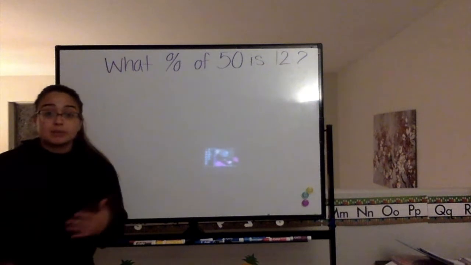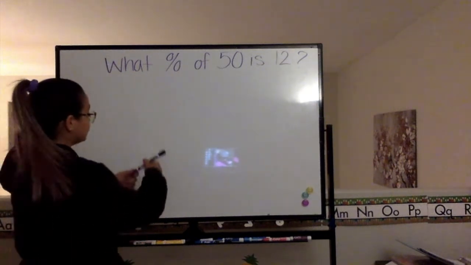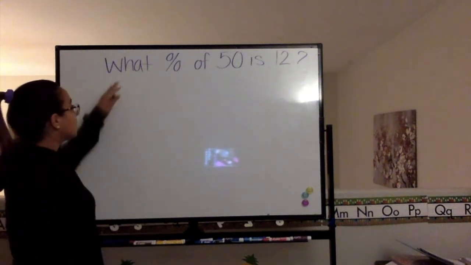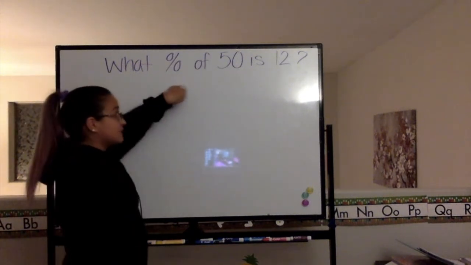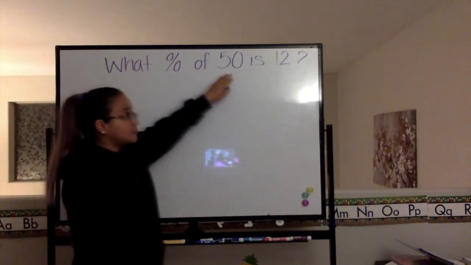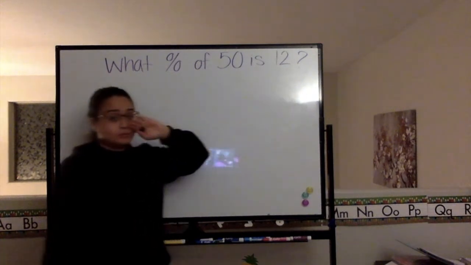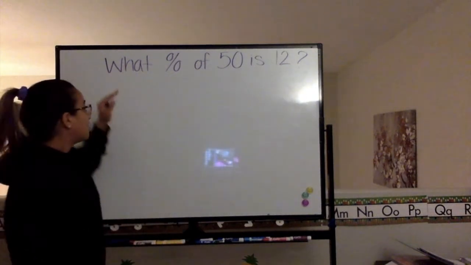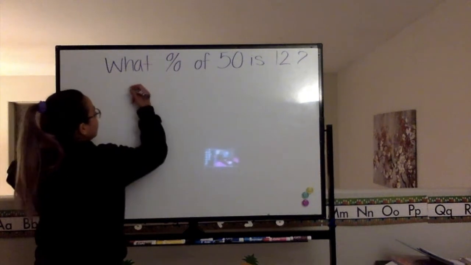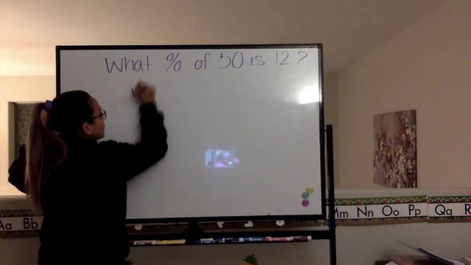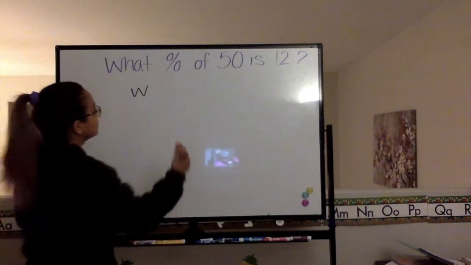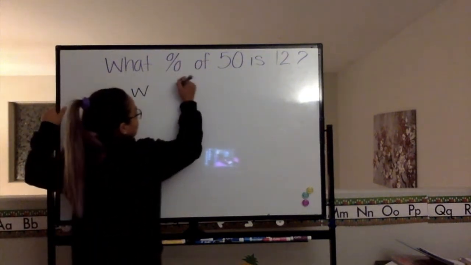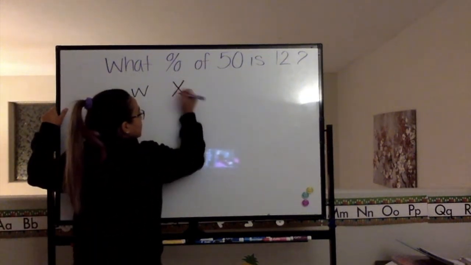Now, the simpler way that we were taught was we are going to figure out the percent. What percent of 50 is 12? So what are we going to do? We're going to put a variable for what, and we're going to put W. For percent, we're going to put times.